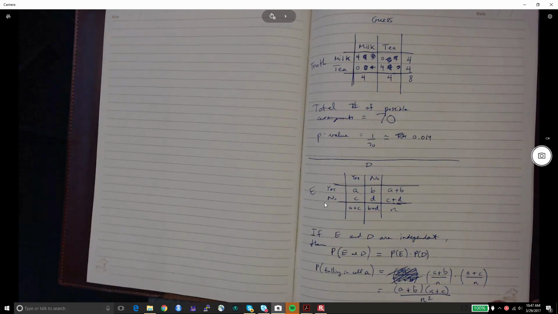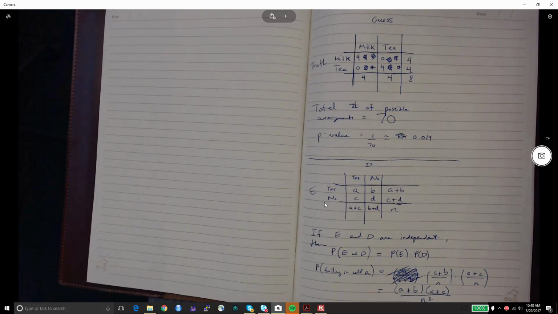So if the probability of being in that cell is A plus B times A plus C over N squared, right? Suppose the probability is 0.07, and we have 100 total observations in the table. Then how many actual observations would we expect in that cell? Well, we'd expect 0.07 times 100.